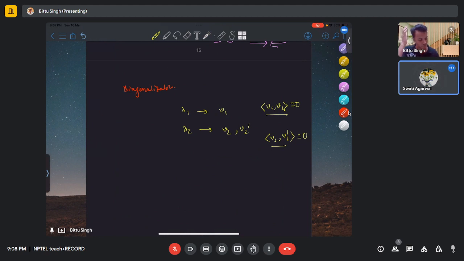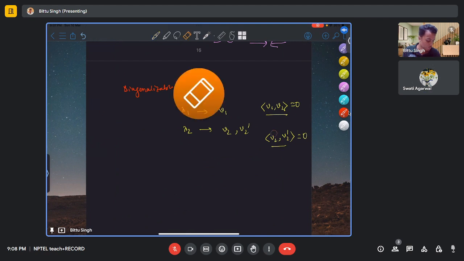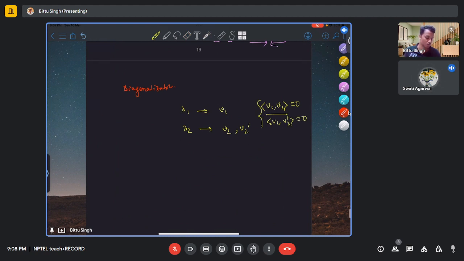Actually, he is saying that V1 and V2 is zero, and V1 and V2 dash is also zero. Those two things hold, but he is not saying that V2 and V2 dash is zero.